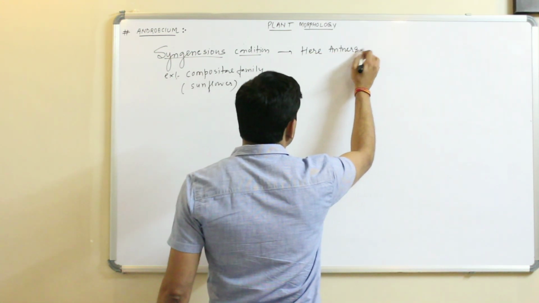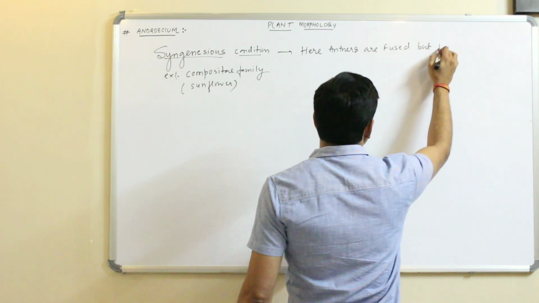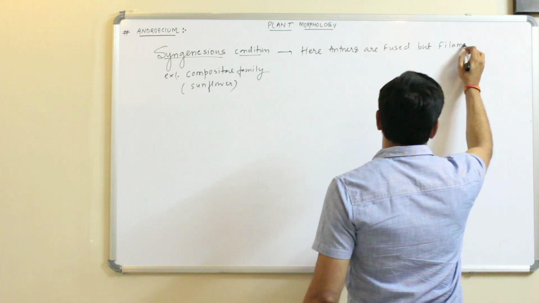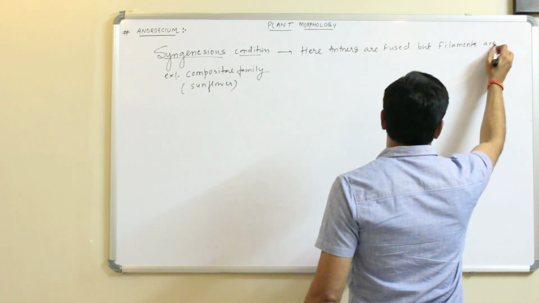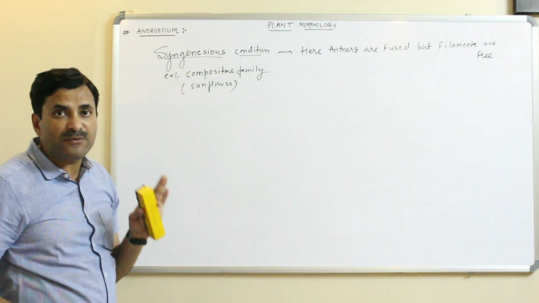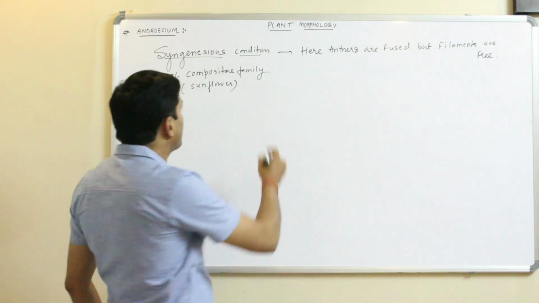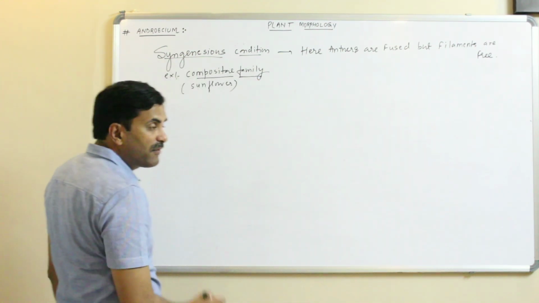Here anthers are fused but filaments are free. The best example is the Compositae family.